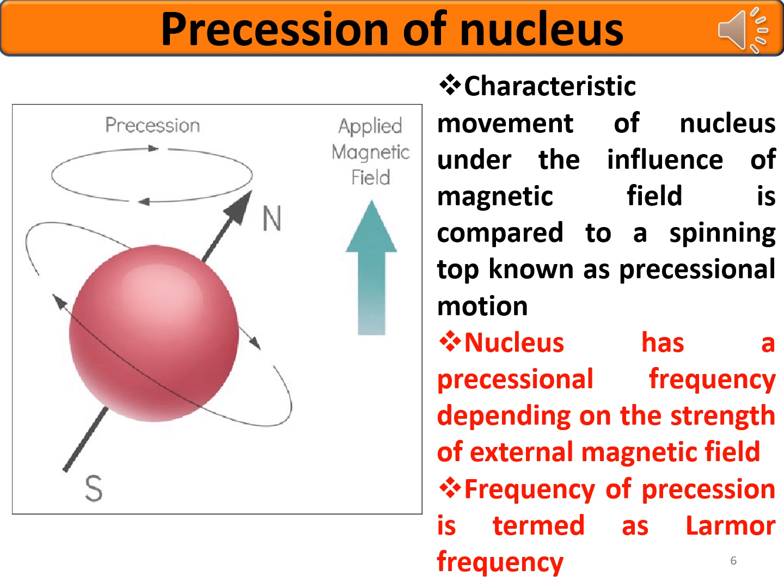This nuclear precessional motion is compared to the movement of a spinning top. The precessional motion of a nucleus is associated with a frequency termed the Larmor frequency, which in turn depends on the strength of the magnetic field applied.